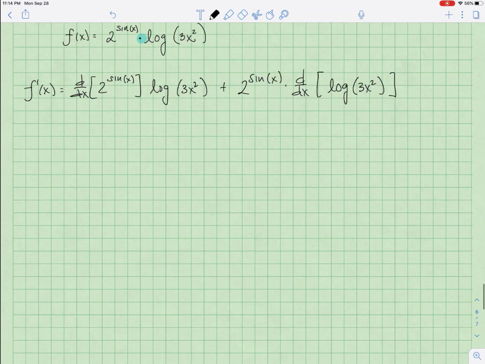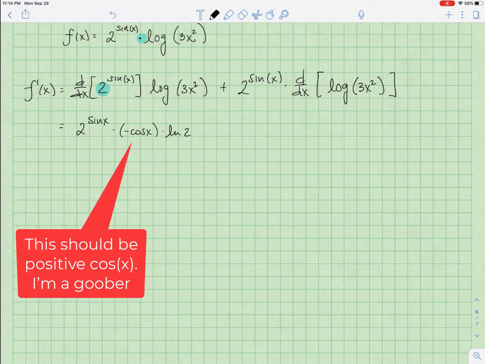Okay, so this is a non-standard base for an exponential. The derivative of an exponential is itself times the derivative of the exponent times the natural log of the base. So everything in square brackets there is the derivative. And then I'll just multiply by log of 3x squared.